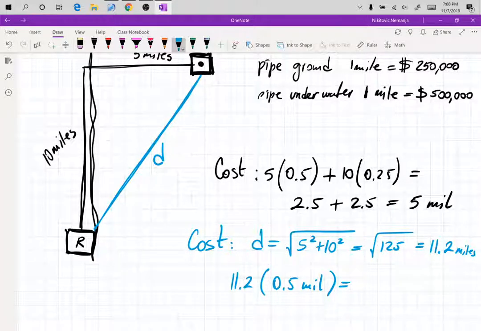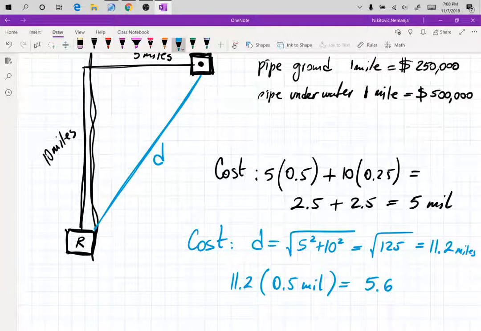So times 0.5, and that's going to be 5.6 mil. All right, it's actually worse, right? So the black path wins, because it is less in cost.